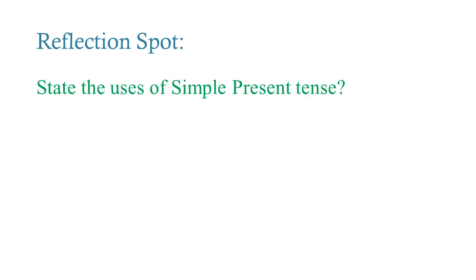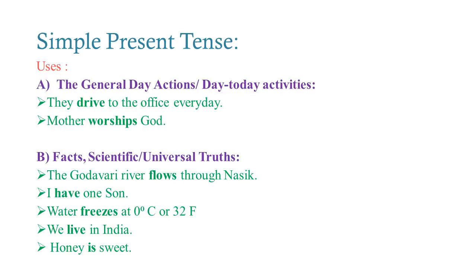Now pause the video and think where we use simple present tense and jot down the answers in your notebook. Let's see what are the uses of simple present tense.